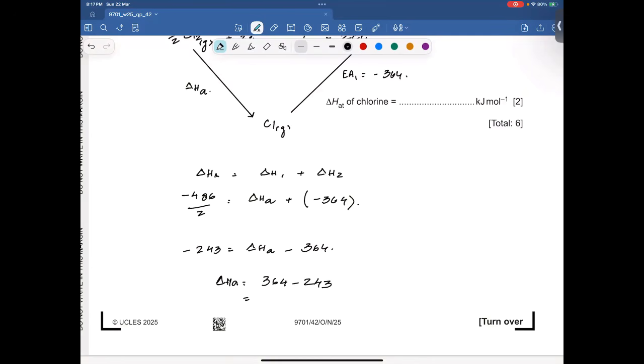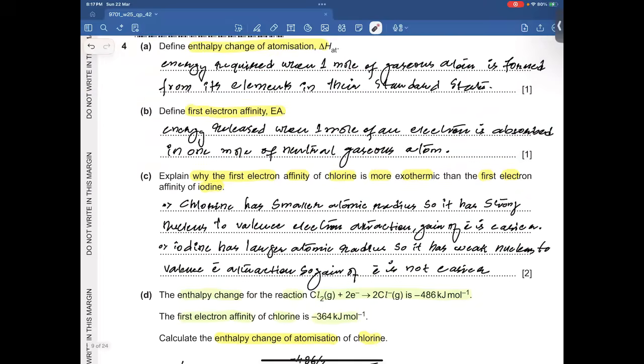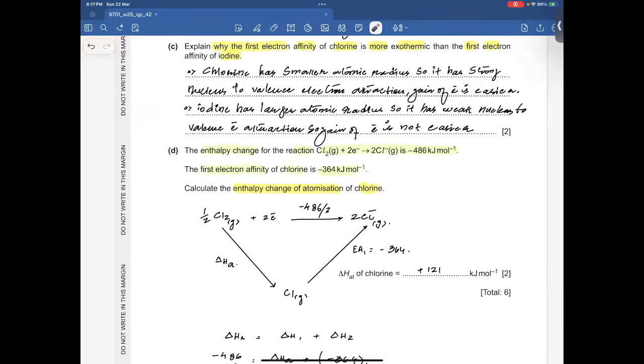So it's basically plus 121 kilojoules per mole. All right. So the value of atomization of chlorine is plus 121 kilojoules per mole. And atomization is always endothermic, so we need to put a positive sign here also. Okay. So that's the end of question number 4, and 4 is very, very easy.